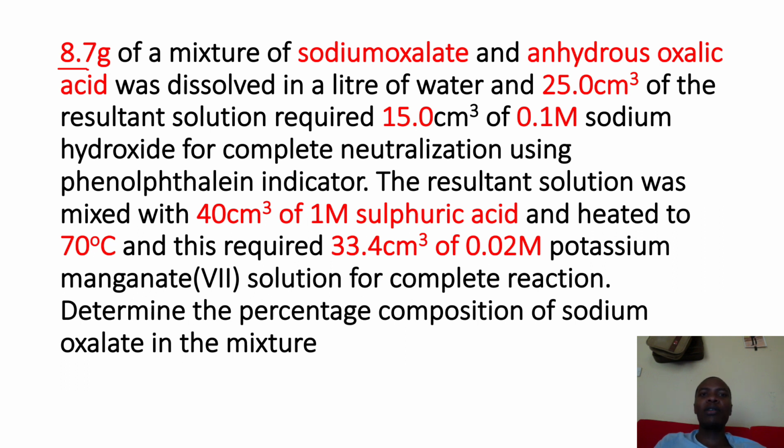It is not going to choose; it will react with all the oxalate ions which are available. So out of all those oxalate ions, I will remove the oxalate ions of the anhydrous oxalic acid. Then I remain with the oxalate ions for the sodium oxalate that was originally there. Then I can move on and get its percentage as required.